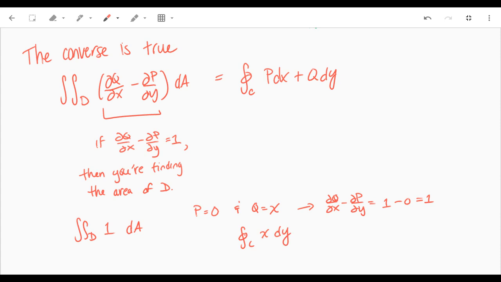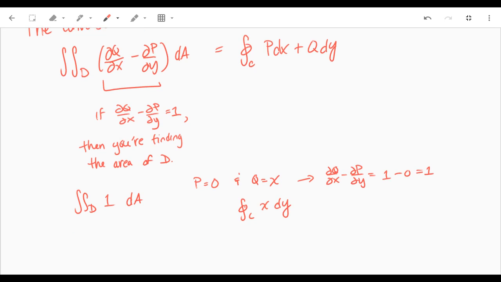Okay, and I would get the same thing. Another way that I could do this is I could do the opposite. I could do P is negative y and Q is 0. Then dQ/dx minus dP/dy is 0 minus negative 1, which is 1. And then I do the line integral of negative y dx. Okay. And that would give me the area also.